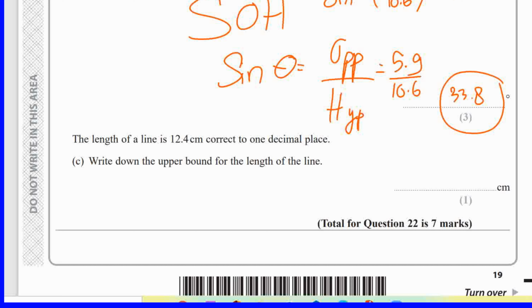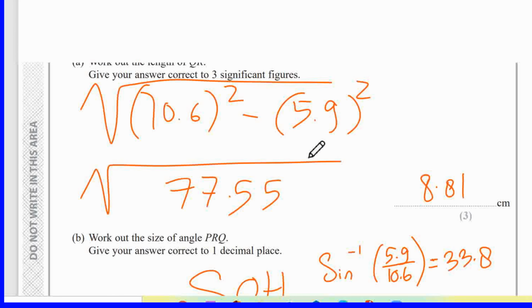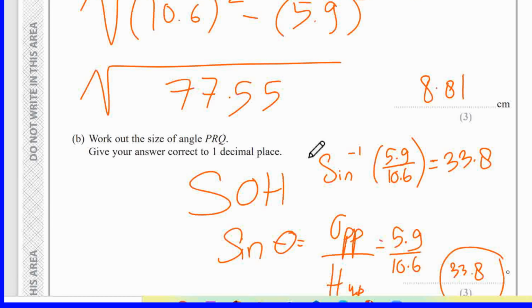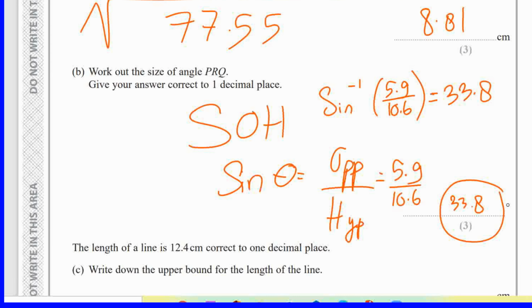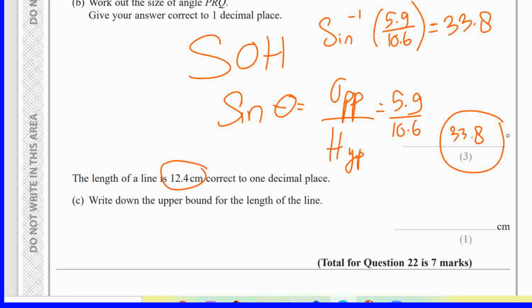Okay. Write down the upper bound for the length of the line. Here the length of the line is 12.45, correct to one decimal place.